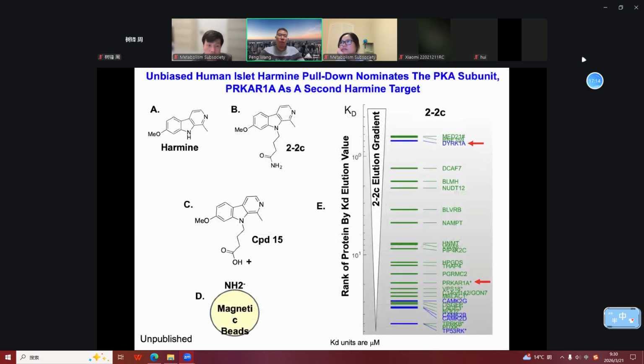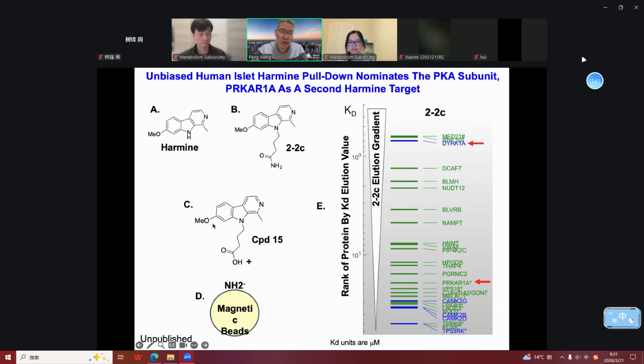So in order to find the proteins that interact with harmine, which can drive human beta cell function gene expression, we decided to use an unbiased way to screen. We have a chemistry group collaborating with us at Mount Sinai. They modified this harmine and added a different linker to it.